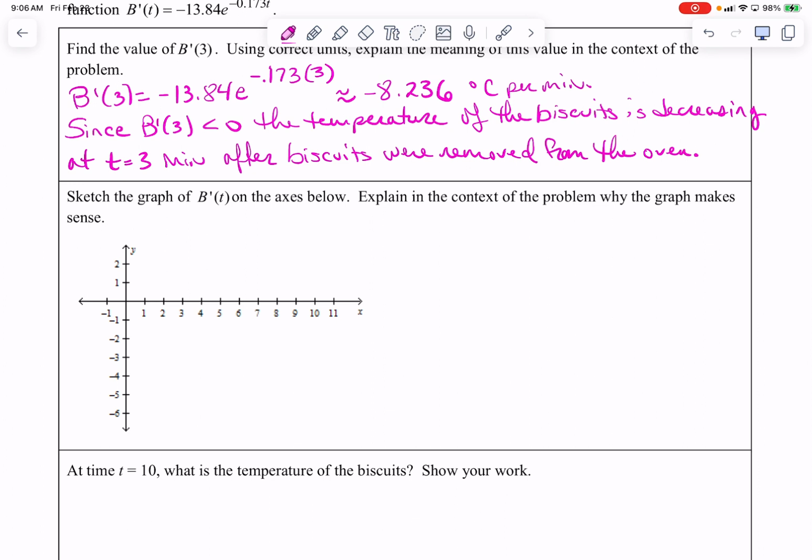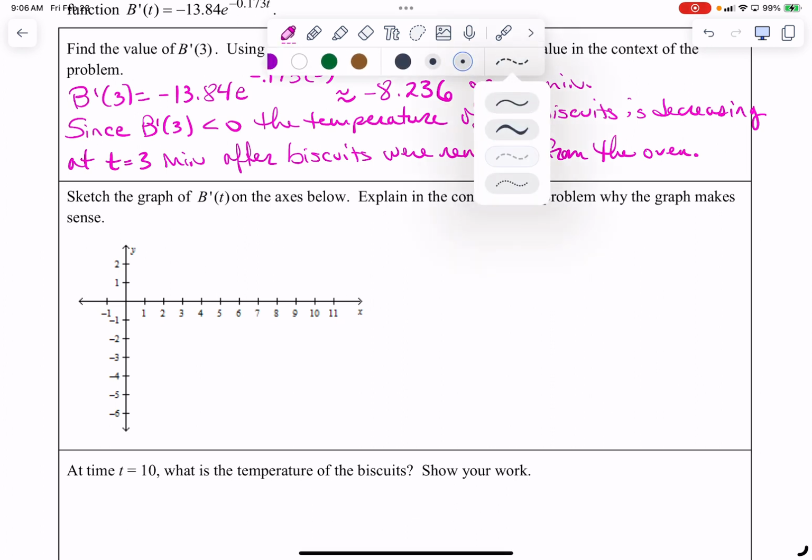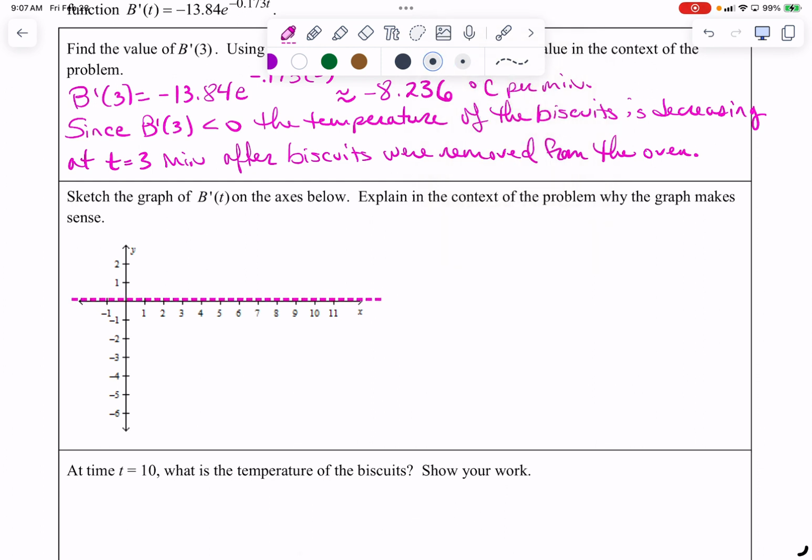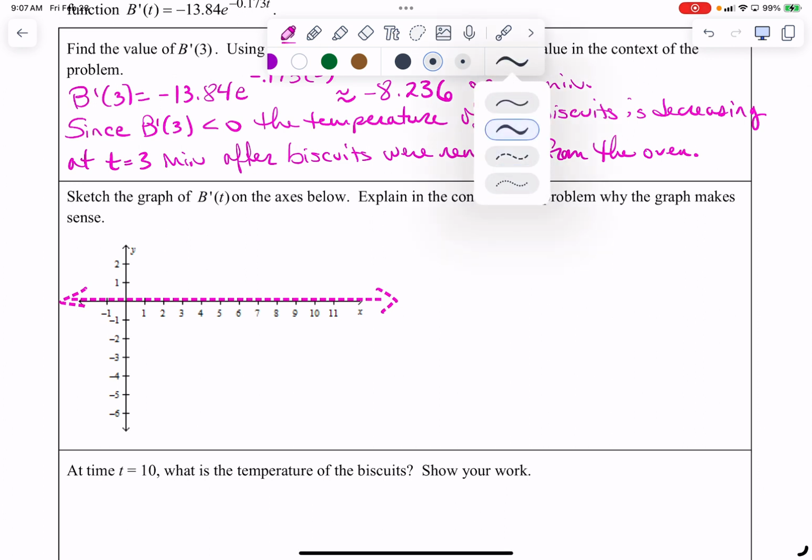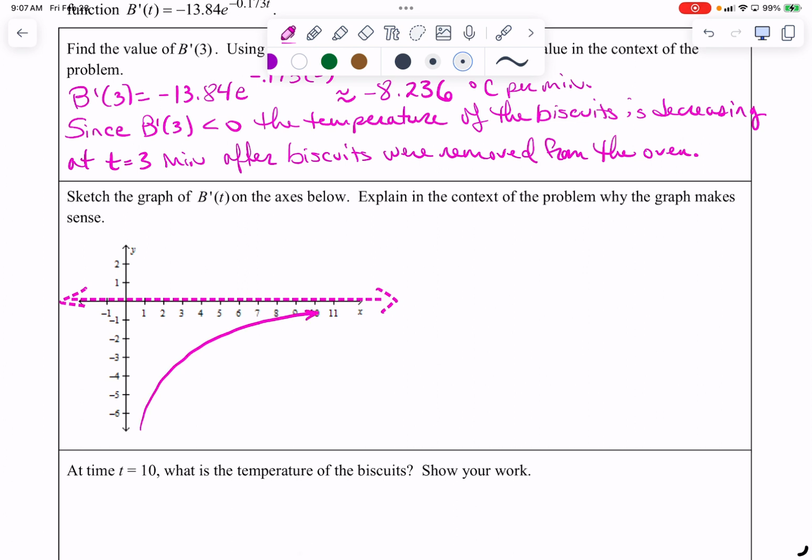Okay, so you should have gotten something. Yay, Notability. It kind of looks like this, right?